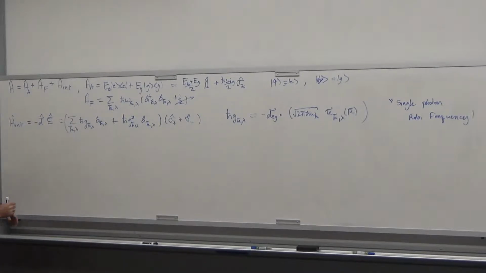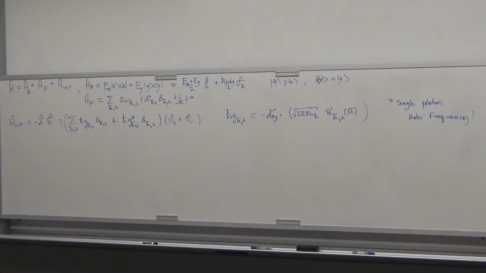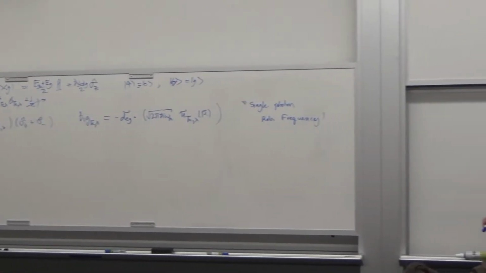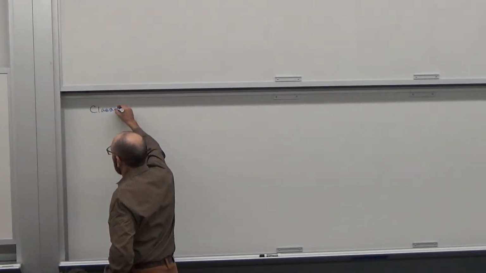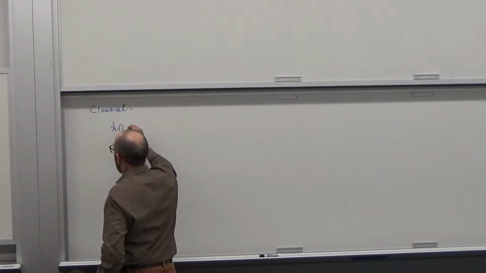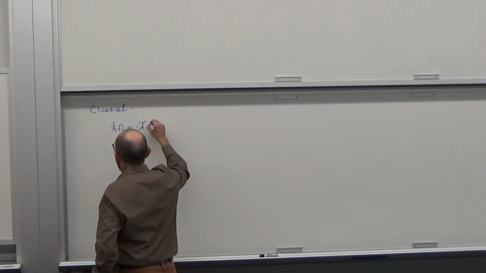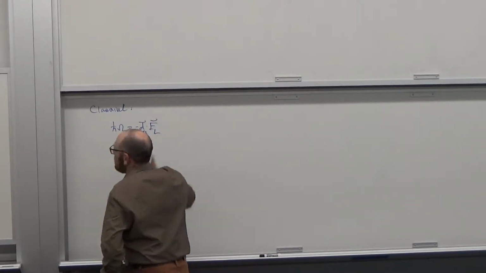I'll just make a little aside over here, and let me just put it over here for a moment, to remind you of one small factoid if you want to keep track of all the factors properly. Classically, we define the Rabi frequency as minus d dot E of the laser, right?